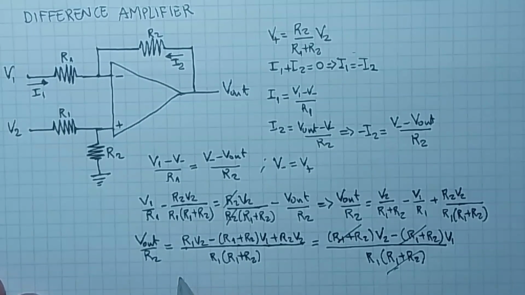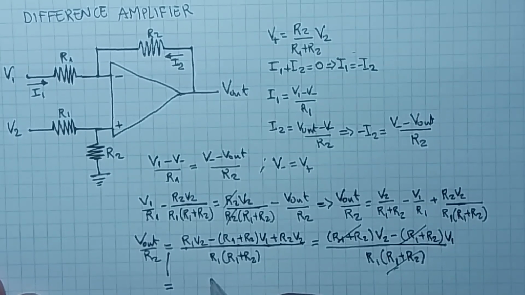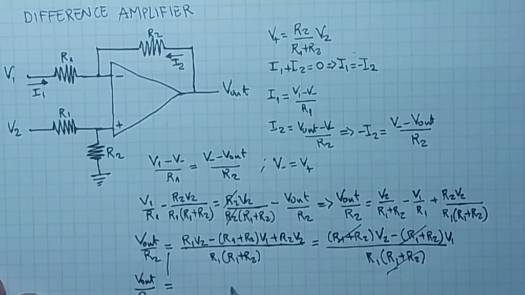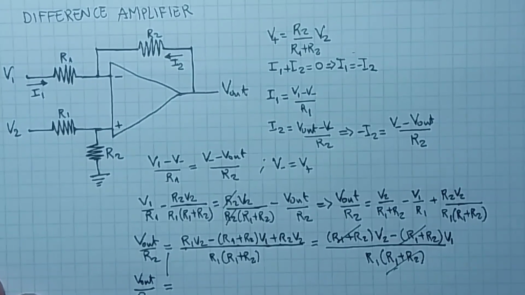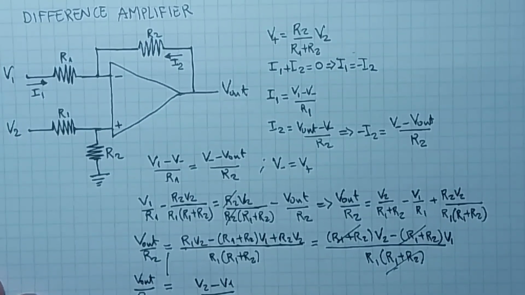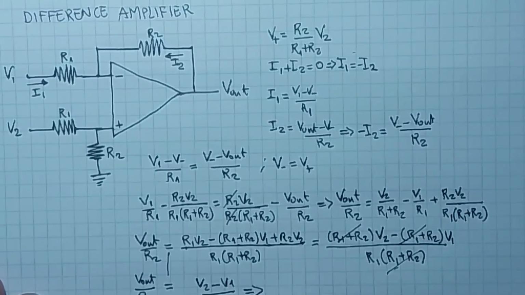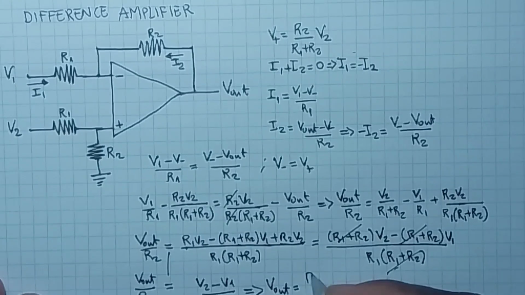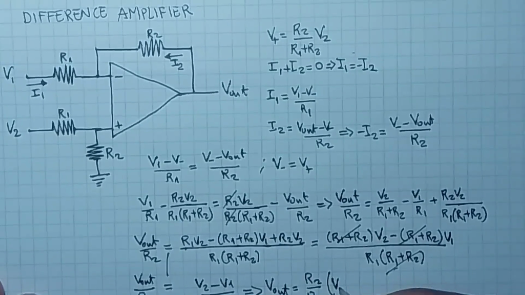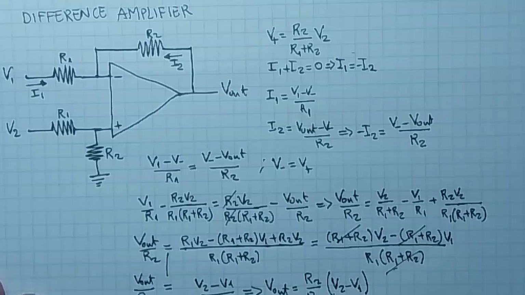Finally, we get V out over R2 to be equal to V2 minus V1 over R1. Therefore, V out is equal to R2 over R1 times V2 minus V1.